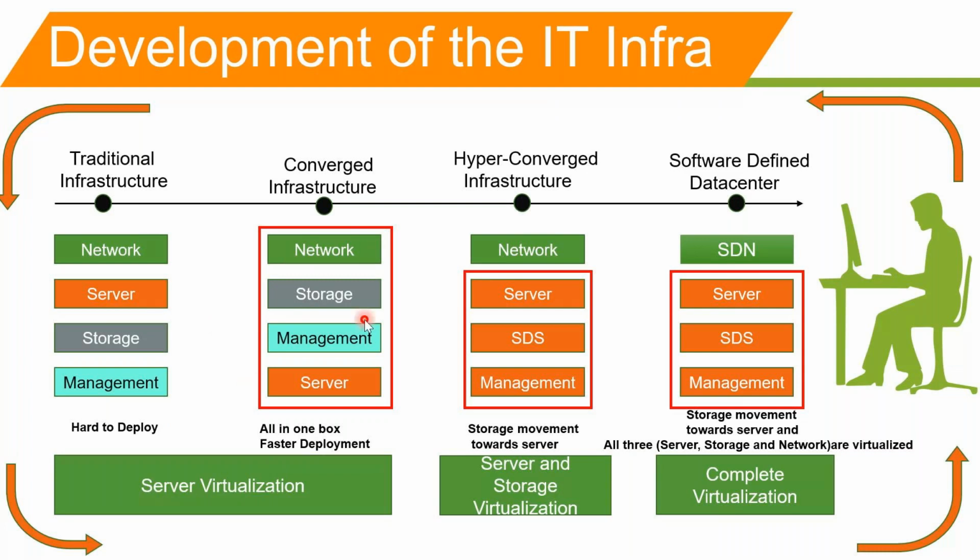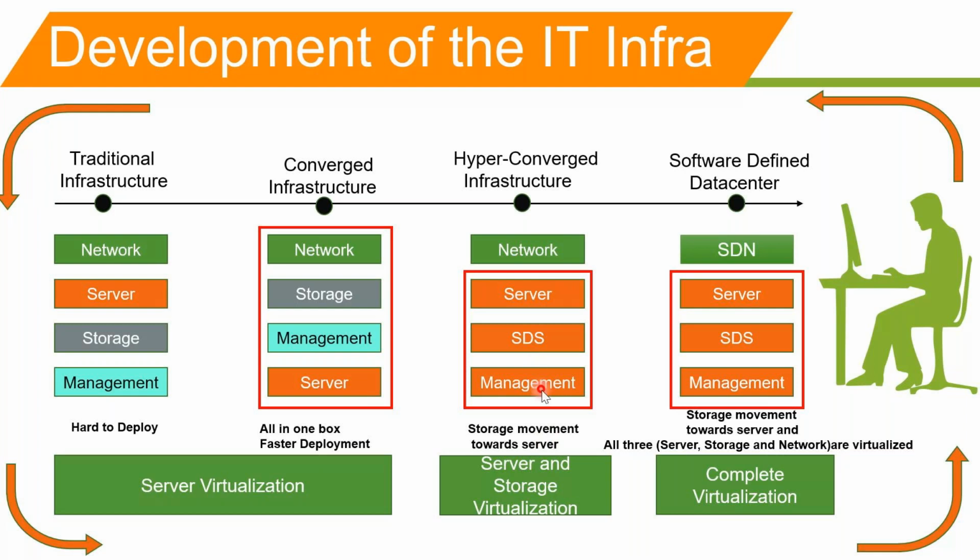Moving to hyper-converged infrastructure, management, software-defined storage, and server go into one box. When I say one box, it's a server. Network is still outside, but the other components come into one x86 commodity server. We are moving storage towards the server. Here the storage is outside of the server, in a SAN, but here we are bringing the storage towards the server.